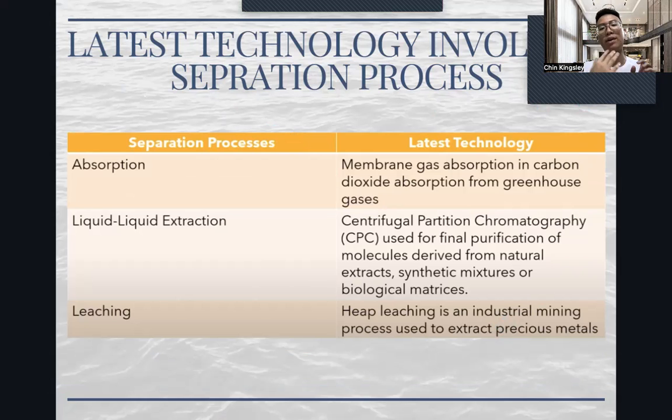The next one is liquid-liquid extraction. Its latest technology is centrifugal partition chromatography, CPC, used for final purification of molecules derived from natural extracts, synthetic mixtures, or biological matrix. The last one, leaching, its latest technology is heap leaching, an industrial mining process used to extract precious metals.